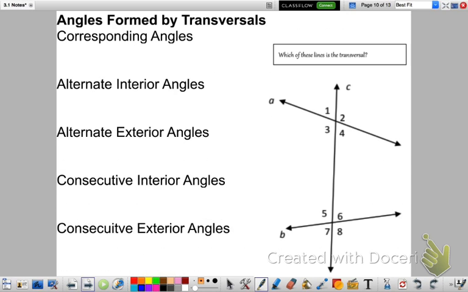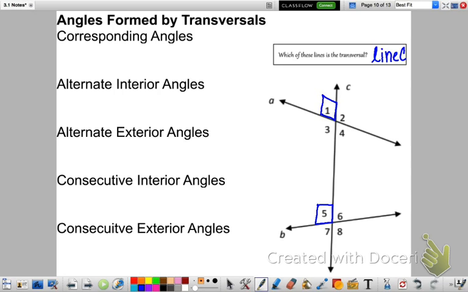Which would be the transversal? The transversal would be line C. Corresponding angles are going to sit in the same position. If we look at where one sits in this cross, its corresponding angle would sit in the same position at the other intersection.